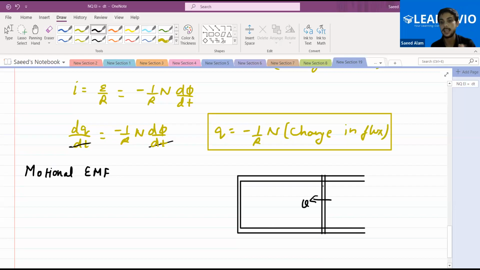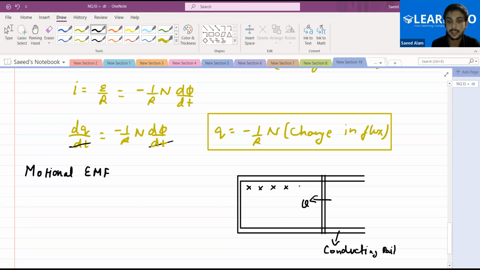This is the conducting rail, the railing over here. This is the external rod that I had kept here. I can move it in the forward or in the backward direction. Right now I'm moving it in the forward direction, and this is the conducting rail. Suppose that there is a magnetic field.